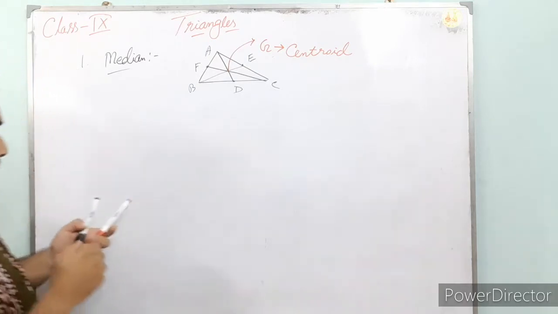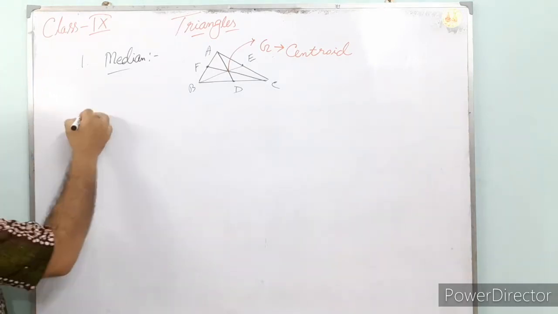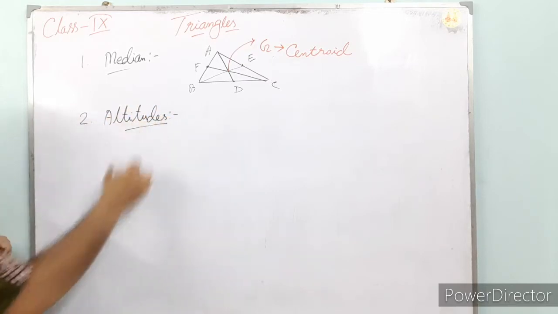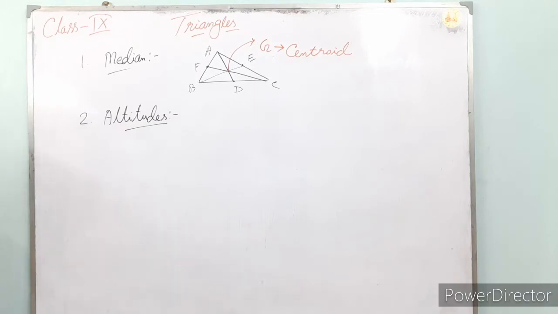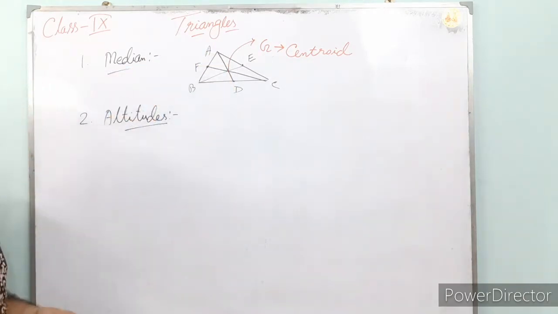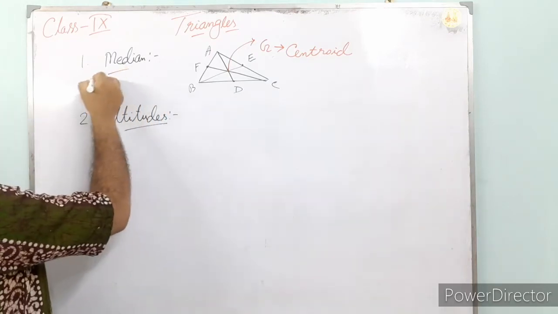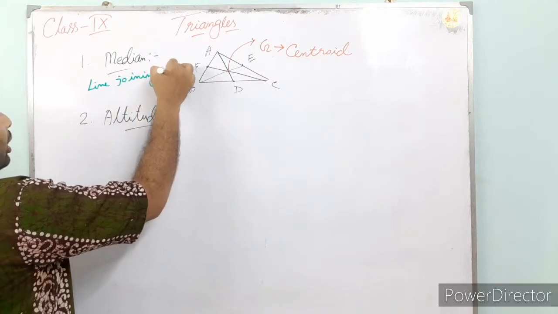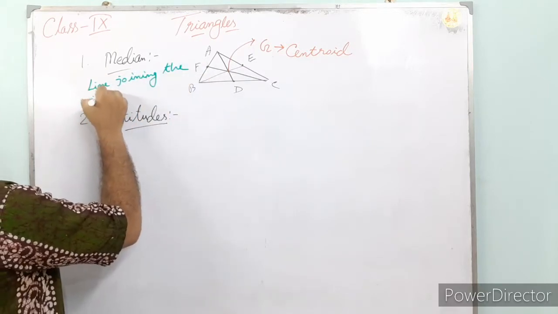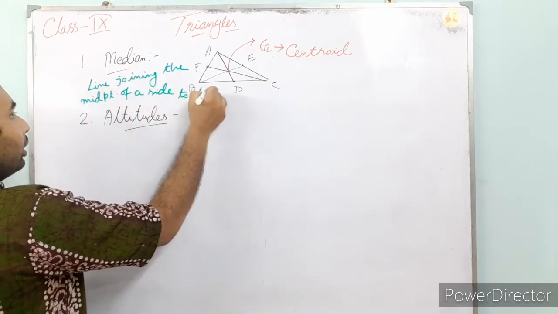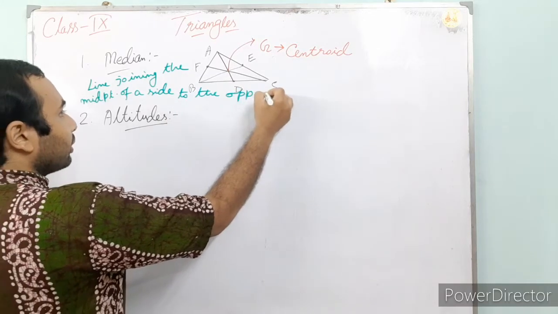Now number two, the altitude. For the median, I am just writing the definition in short: the line joining the midpoint of a side to the opposite vertex.